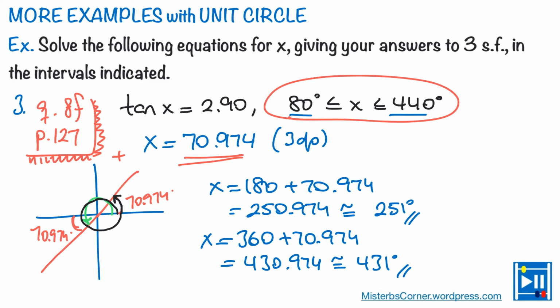You must have a full grasp of this idea, because when you start solving equations like tangent 2x equals 2.9, or more complex equations where you have to use the trigonometric identities to simplify them first and then solve, you will be using this idea as if it's just four operations to you. So please make sure that you fully understand this chapter. Thanks for watching.